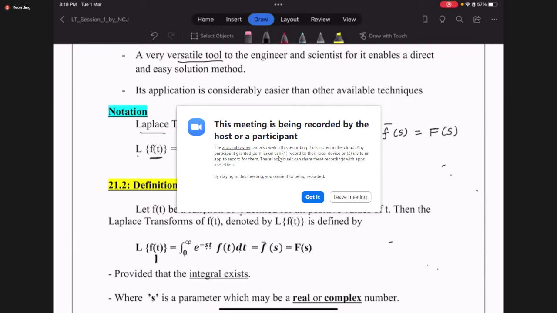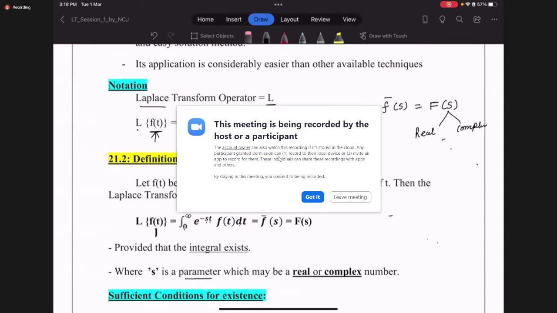If you apply Laplace on any function f(t), it will be converted into a function in s, where s is a parameter. This may be a real number or complex number, anything. Parameter means sometimes it is treated as constant, sometimes it is treated as variable also.